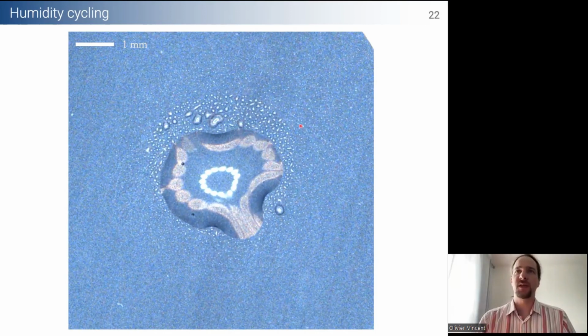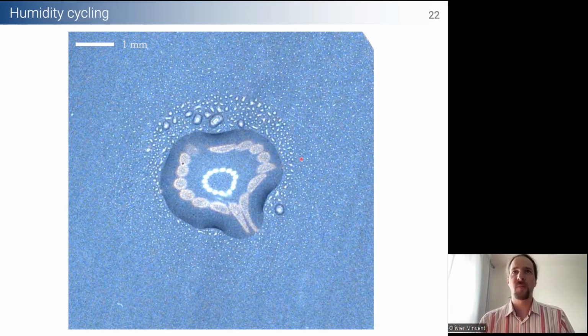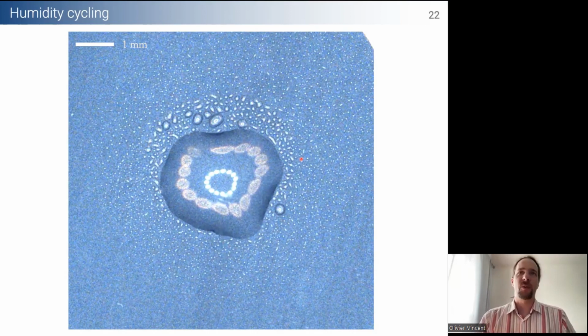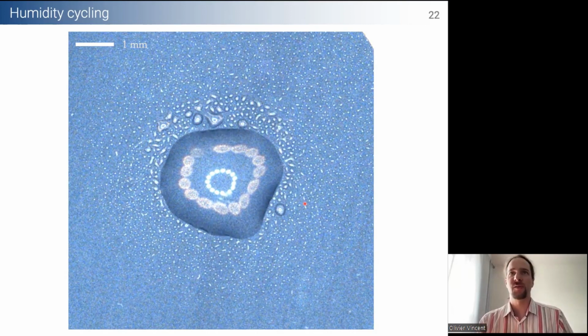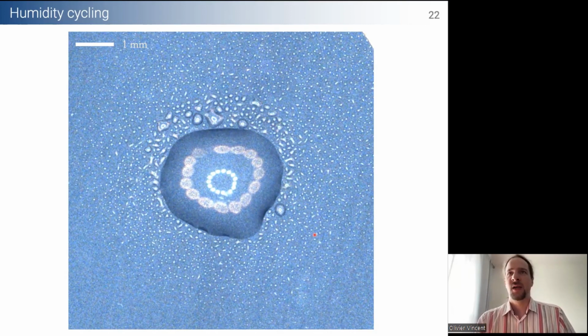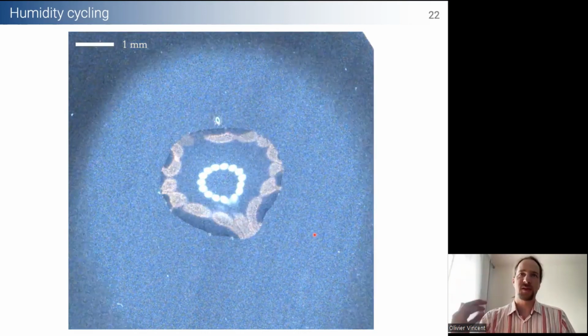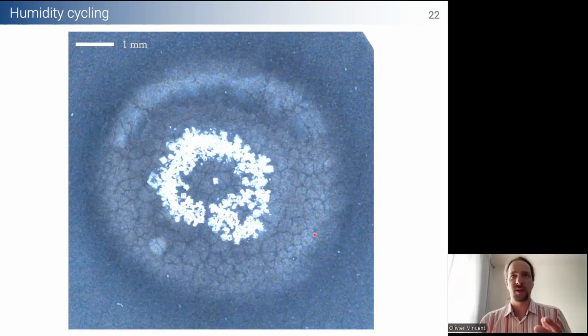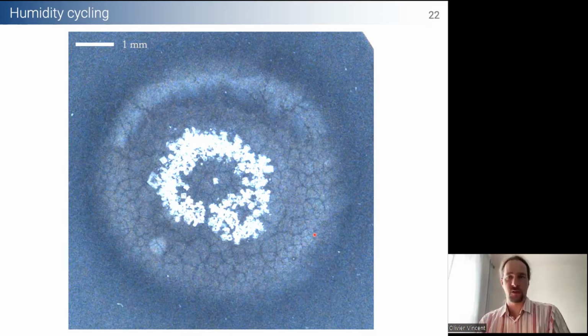There's also deliquescence inside, and that forms these little droplets, and the droplets grow and merge. And there are lots of funny dynamics here. And when we dry the system, you see all the droplets disappearing and another deposit is formed that is very different from the initial deposit. So cycling humidity in these systems that have salt on top or salt droplets raises some interesting questions of how the deposit will evolve as a function of the cycles.